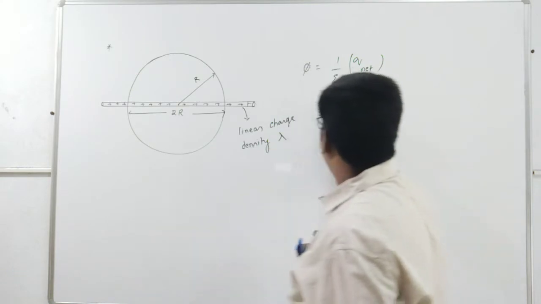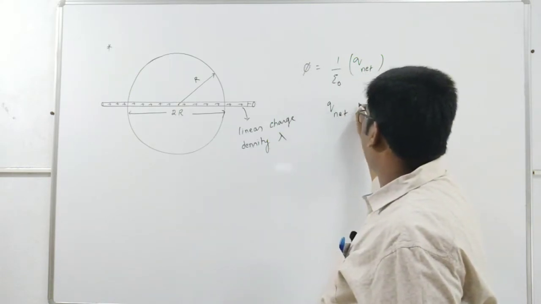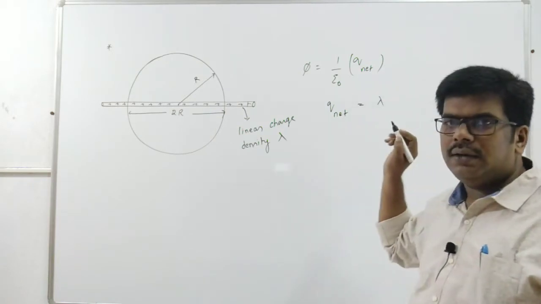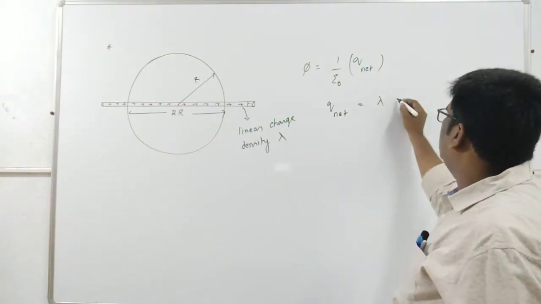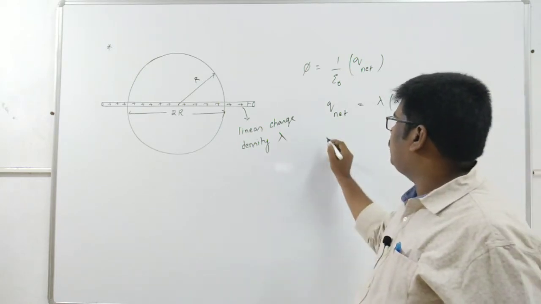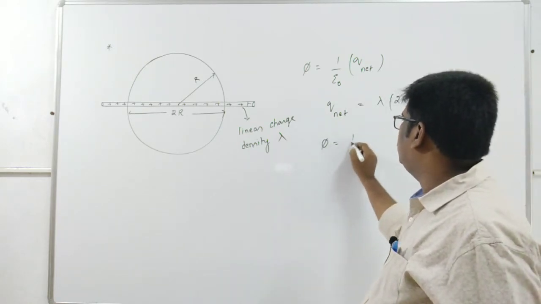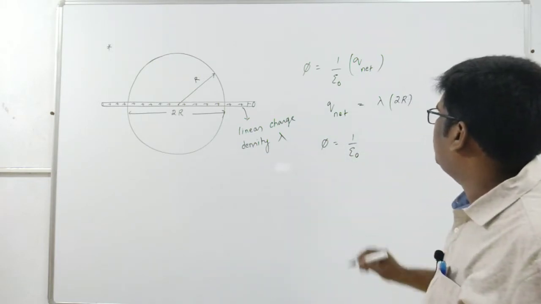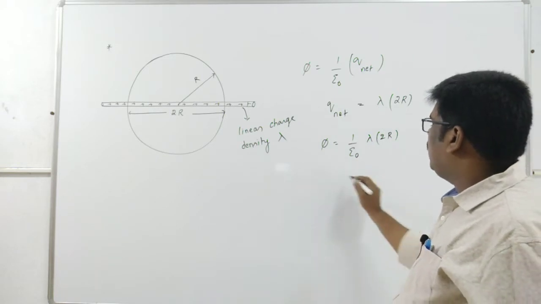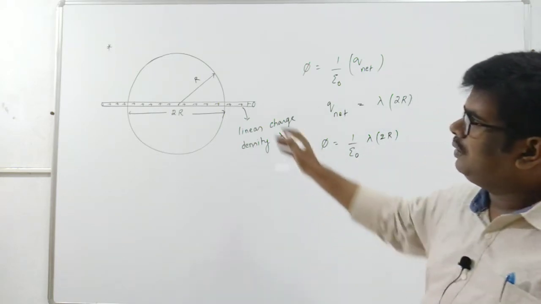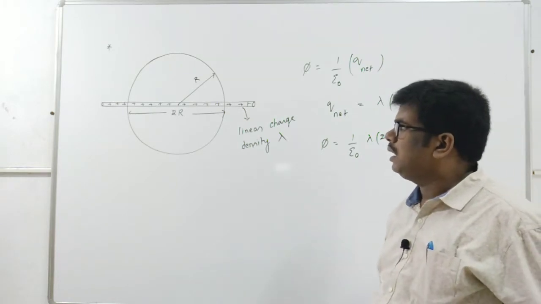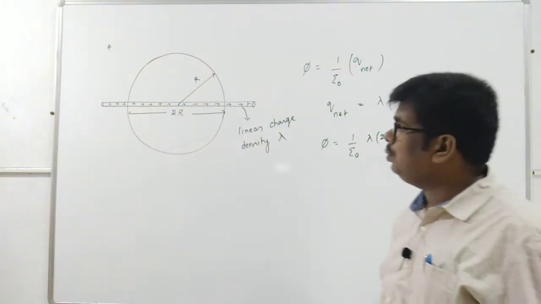So the net charge enclosed by the sphere is lambda into 2r. Therefore flux phi equals 1 by epsilon naught times lambda into 2r. Like this you can find the flux through this closed sphere when a linearly charged conductor is exactly passing through the center.